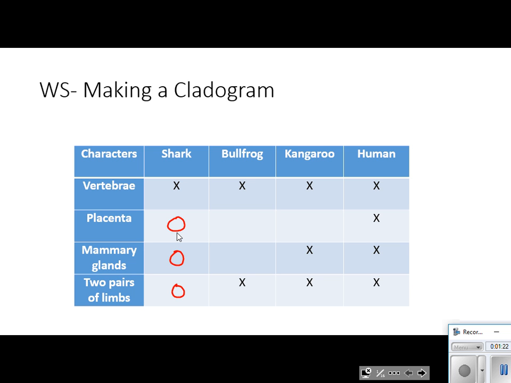Sometimes instead of an X, you might see a plus and say, okay, here is a plus for my shark, so yes, my shark does have a vertebrae. So you could see them as pluses, you could see them as zeros. Ours right now are just X's and minuses.